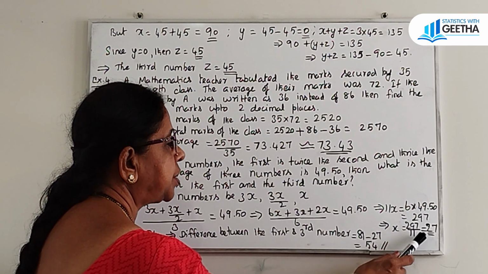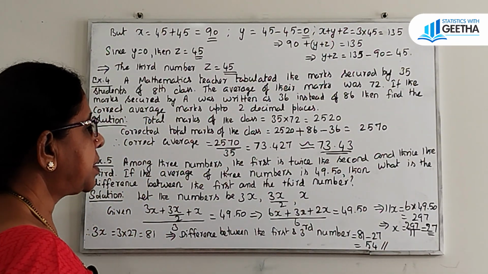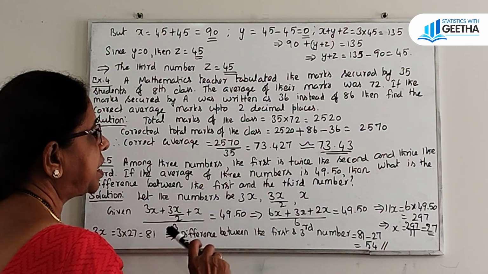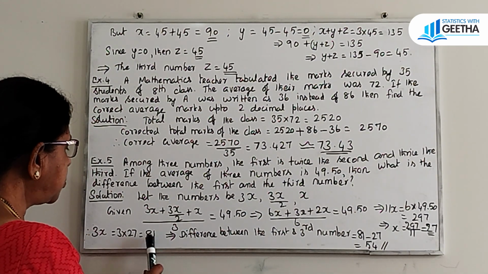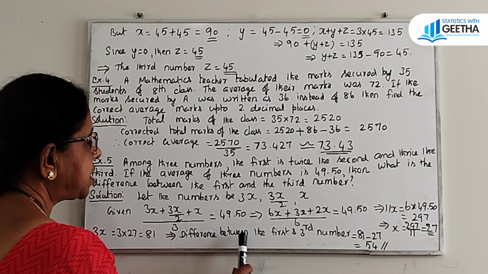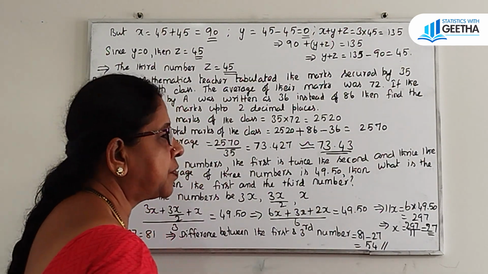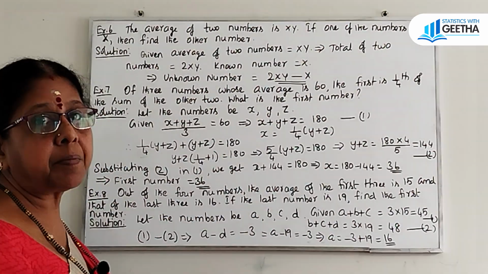Therefore x equal to 297 by 11, which is 27. So x நம்ம third number. 3x தான் first number, நமக்கு difference between the first and third number தெரியணும். So 3x is 3 into 27, 81. Difference between the first and third number is 81 minus 27, which is equal to 54. So the answer is 54.